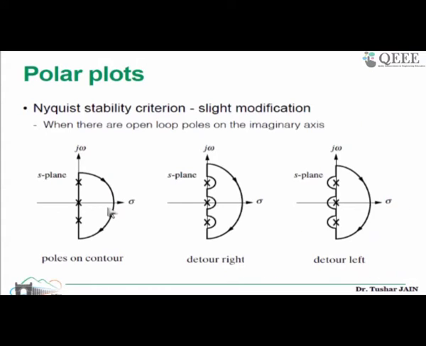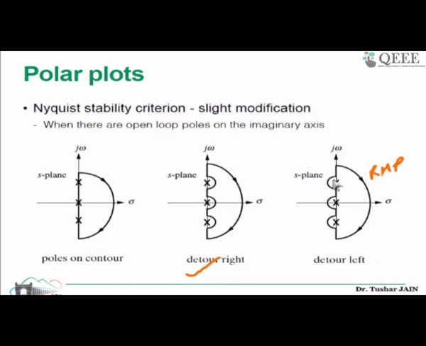There are some slight modifications also when there are open loop poles on the imaginary axis, like this one. How are you going to encounter them? Either you detour to the right, because you need to see the behavior of these poles either within the contour or outside the contour. Generally we consider this one because the idea is we consider only the right half plane.